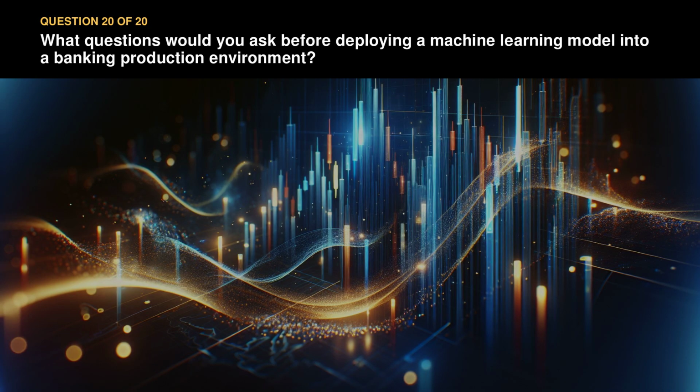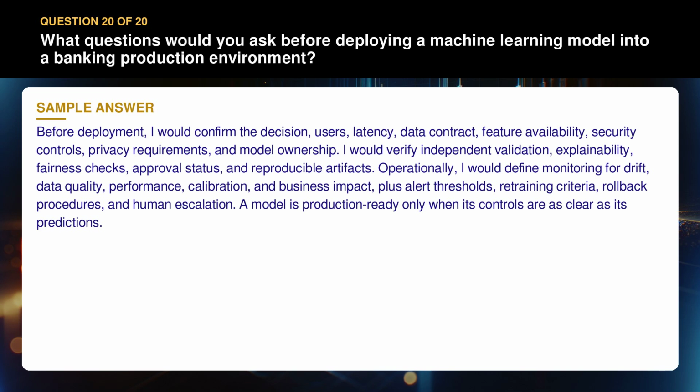What questions would you ask before deploying a machine learning model into a banking production environment? Before deployment, I would confirm the decision, users, latency, data contract, feature availability, security controls, privacy requirements, and model ownership. I would verify independent validation, explainability, fairness checks, approval status, and reproducible artifacts.